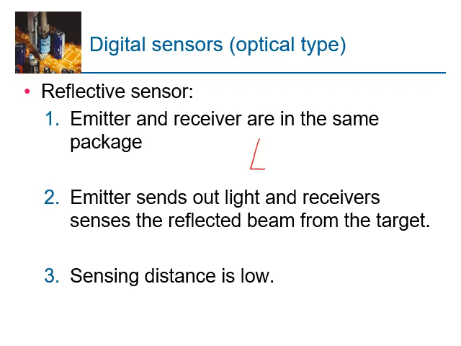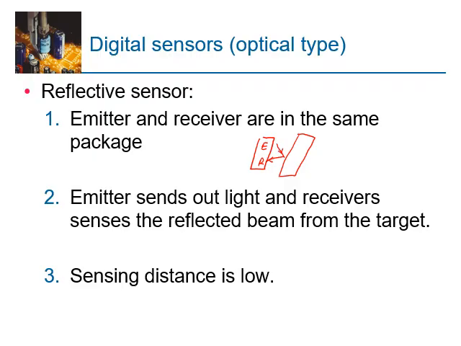So usually this would look something like this. You have a sensor package like this. You have an emitter and a receiver, and you have an object to detect here. The light goes here and gets reflected, and this is how you detect the object.